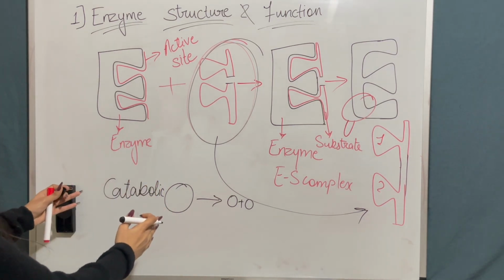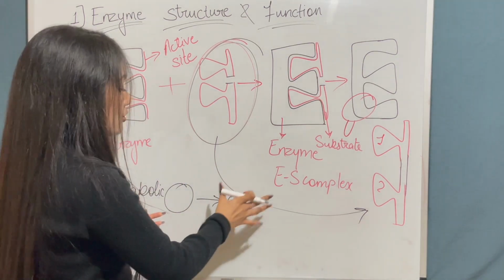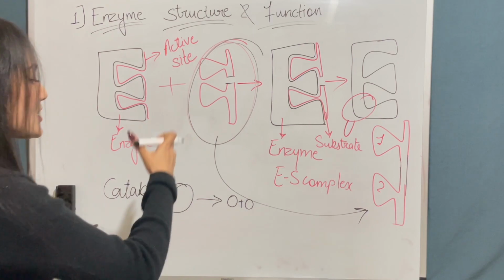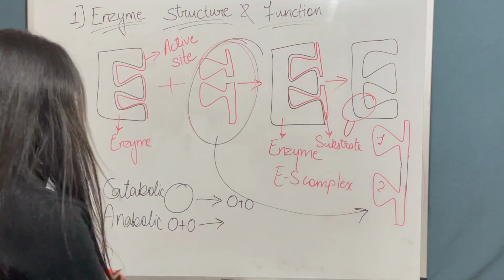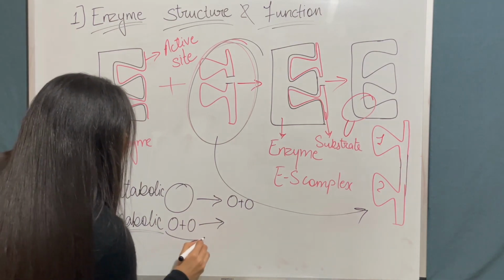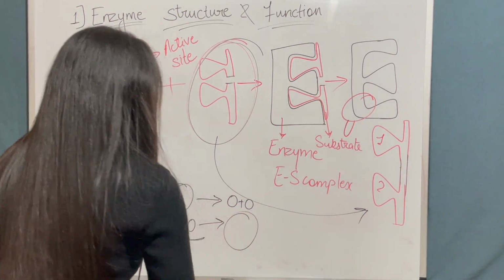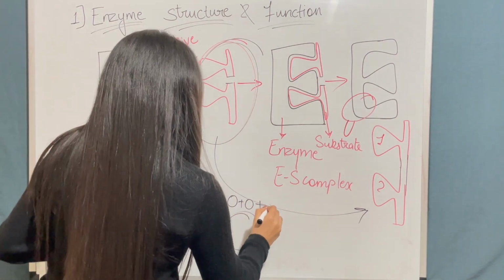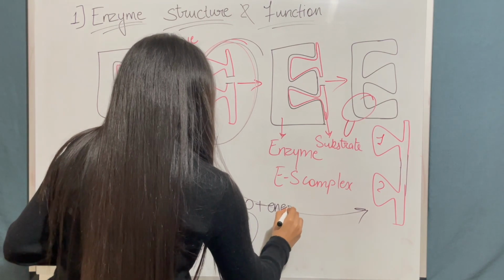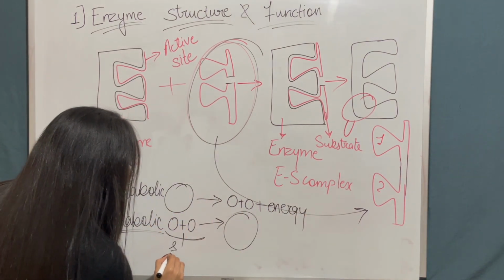In a catabolic reaction, large molecules break up into different small molecules. The vice versa happens in anabolic reactions. In anabolic reactions, different small molecules combine together and form a single large molecule. Here, energy is released. And here, they need energy.